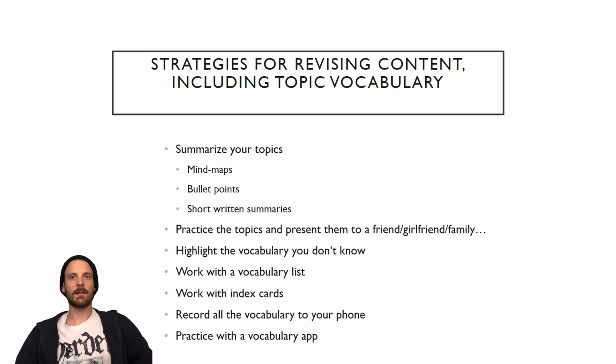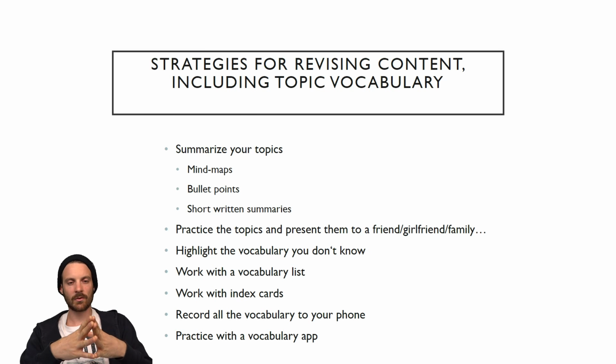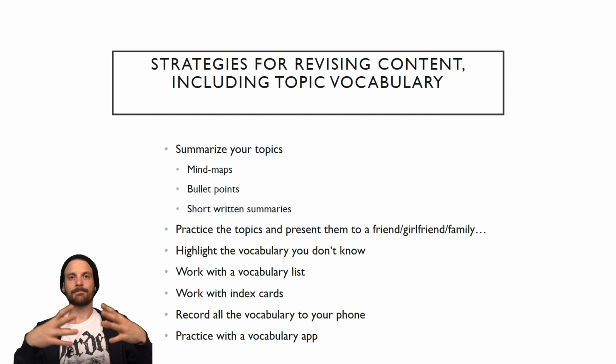Work with a vocabulary list, I've already mentioned that. Maybe work with index cards, or record the vocabulary with your phone, so that you can just repeat it over and over again.